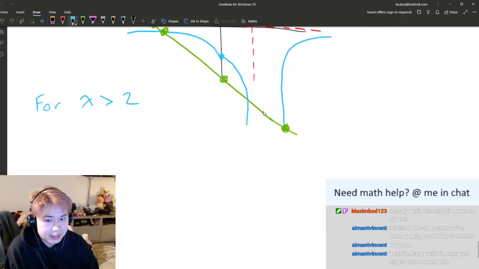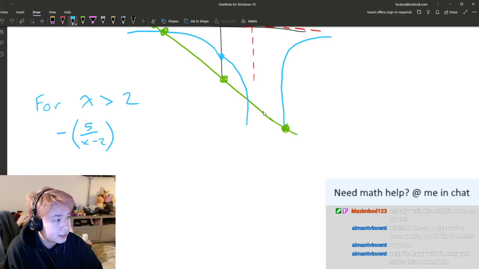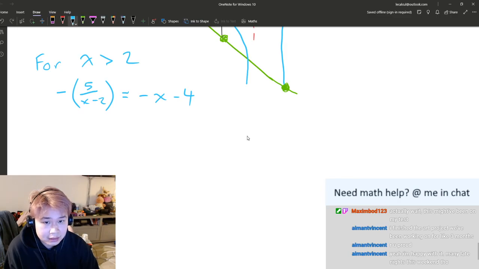So what we can do is just write the function as regular brackets. And we want to find out where this intersects with our line, so then they're equal, and then we can solve. So let's see. -5, and then I'm going to multiply the denominator over here, and I'm going to factor out a negative because I don't like negative x.